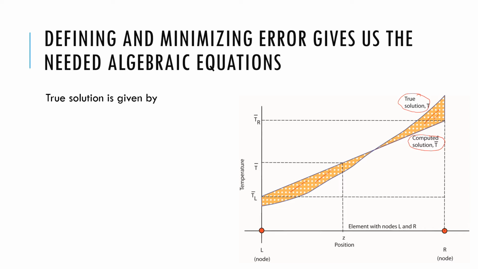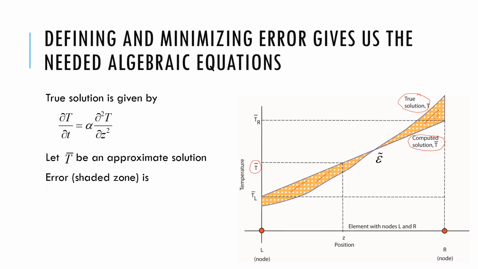So the true solution is given by, of course, my differential equation, and T bar, the bar is for approximate solution. So the error, that's the shaded zone, is given by the difference between two.